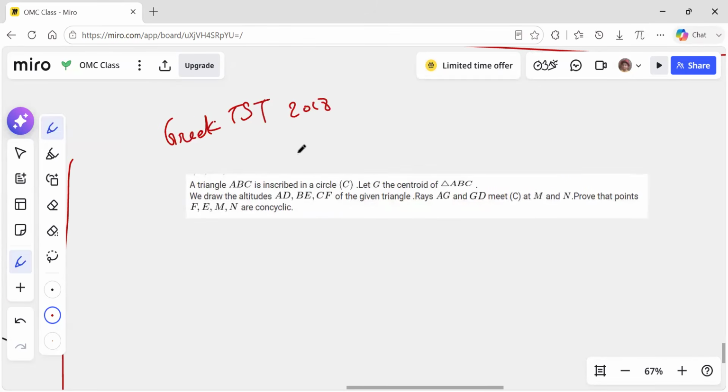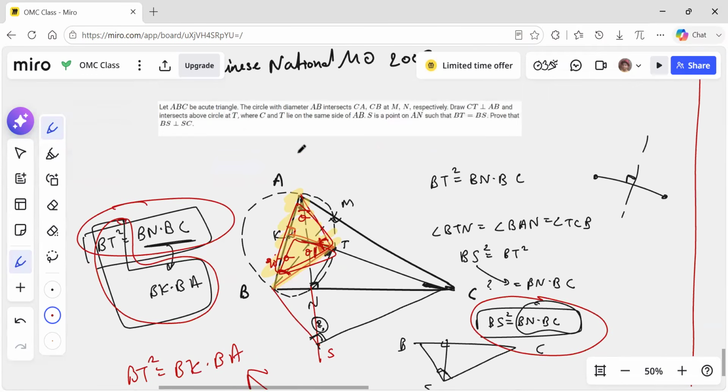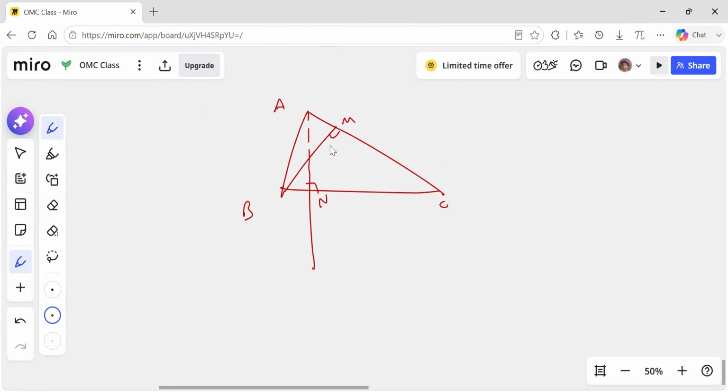Okay, fine. Tell your solution. I'll draw it. Say somewhere we have T, and the T should be here. Tell your solution.